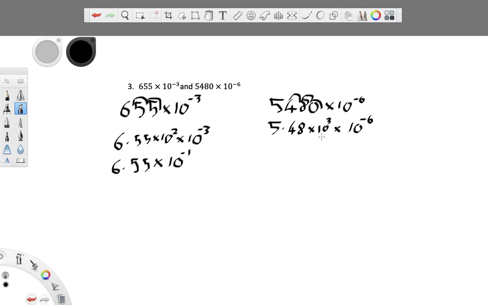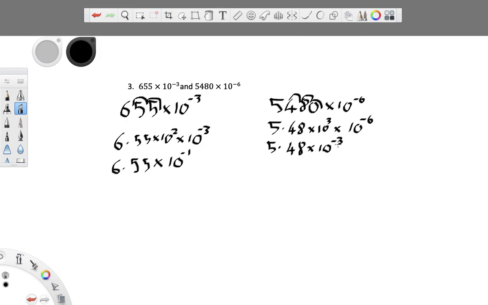And again, we know that when we've got numbers of the same base, we can just add the powers when we're multiplying them together. So we've got 10 cubed times 10 to the minus 6. So that is just 3 plus minus 6, which is just 3 minus 6. So we're left with 10 to the minus 3.